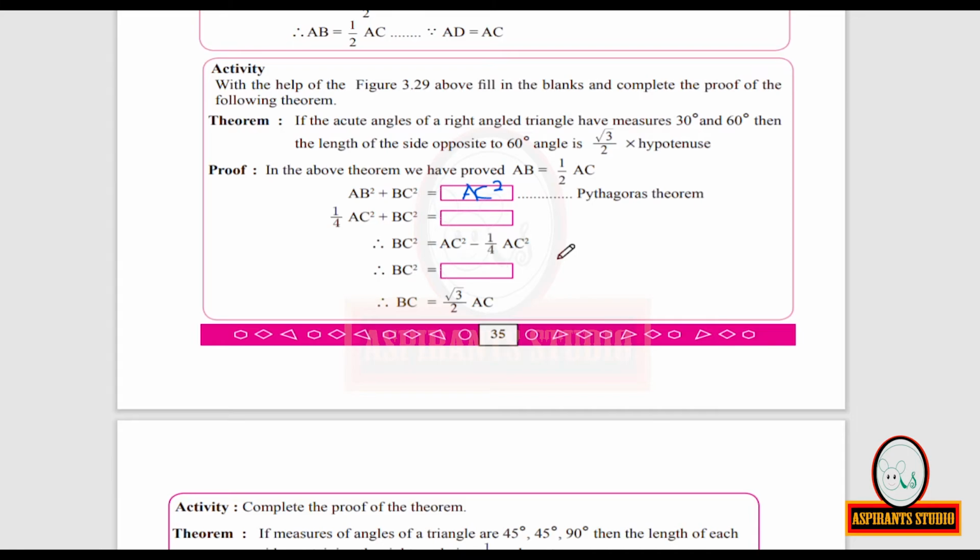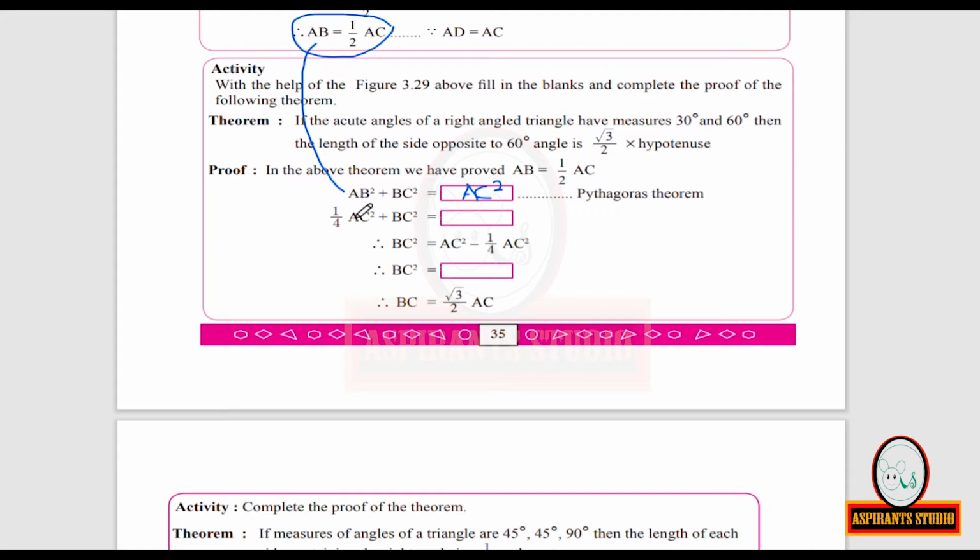So half of AC the whole square plus BC square is equal to AC square. Half of AC the whole square means 1 square upon 2 square, AC square. 1 square is 1, 2 square is 4. So 1 upon 4 AC square plus BC square is equal to AC square.